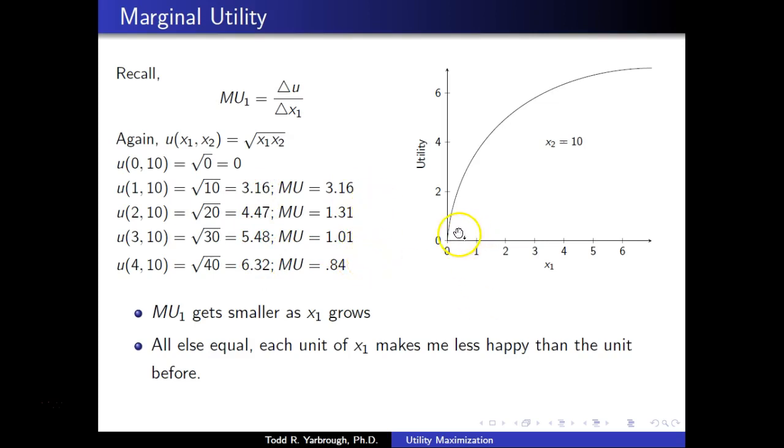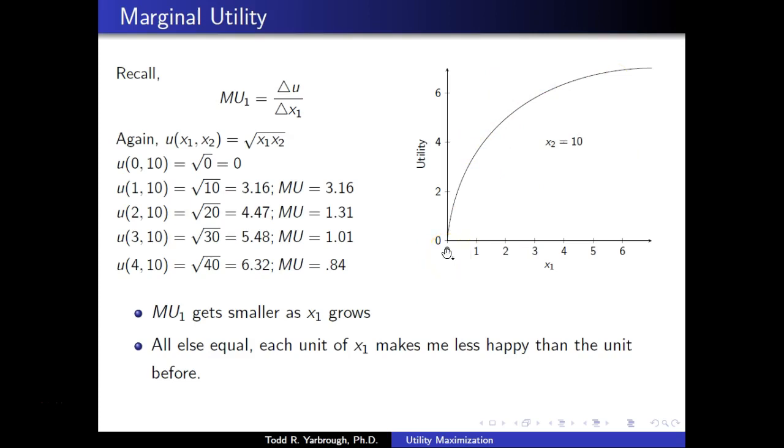We see this behavior here to the right. This is simply utility tracked relative to X1, again holding X2 constant. And again, we see a behavior where utility is rising, but it starts to slow down. Mathematically, we would say that this is increasing at a decreasing rate. So it's going up, but the amount that the function is going up is getting less and less each time. Again, diminishing marginal returns.